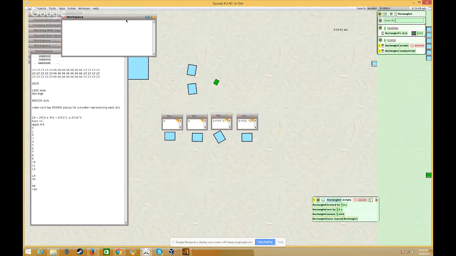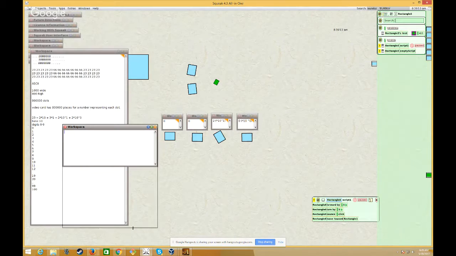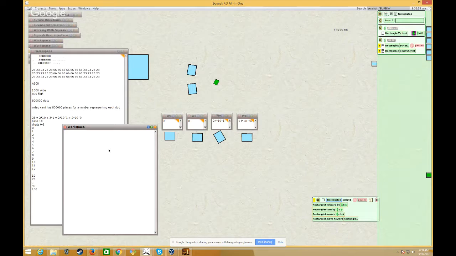So I said, I want to use digits 0 through 7. Okay, so I can count 0, 1, 2, 3, 4, 5, 6, 7. I can't use the number 8 because I only allowed myself digits 0 through 7. I just made that up. I just decided. So how would I make an 8?